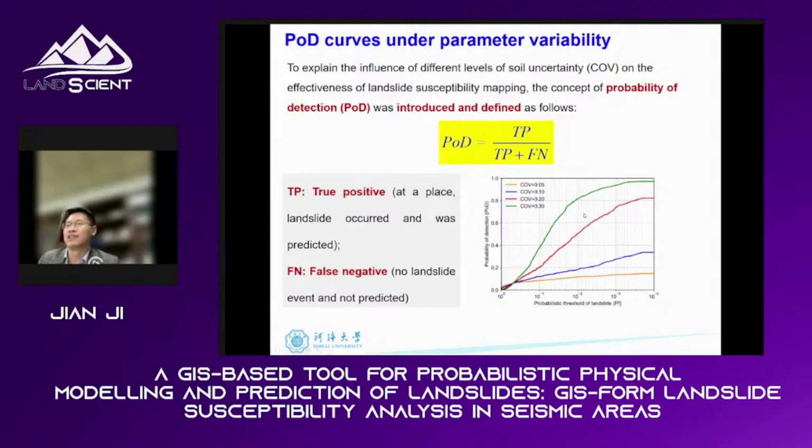In other words, when your soil shear strength coefficient of variation is around 0.3, which is a reasonable number in geotechnical engineering, then we can achieve a very good POD curve for our case study.